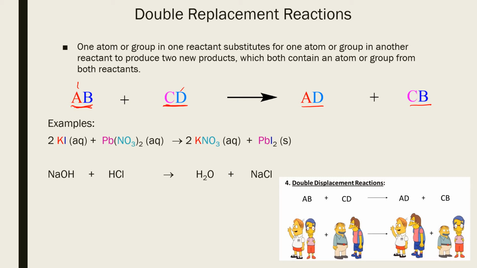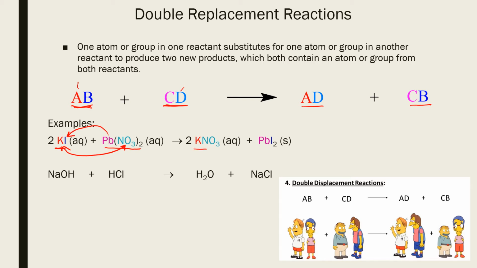An example of a double replacement reaction can be seen in those reactions in which two ionic compounds react to form a precipitate. For example, potassium iodide reacts with silver nitrate, and potassium will combine with nitrate, and lead will combine with iodide.